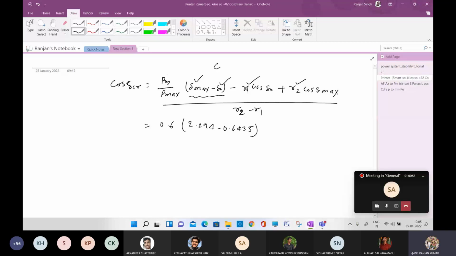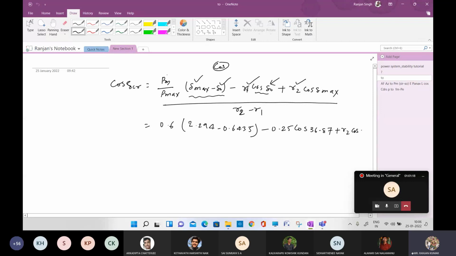If it is not attached with a cos or sine, any such term, then always put the value in radian. But if it is like cos delta naught, then put the value in degree. R1 is equal to 0.25 cos delta naught. Delta naught is equal to 36.87 plus R2 cos delta max. Delta max is equal to 131.4 by R2 minus R1, 0.8 minus 0.25.